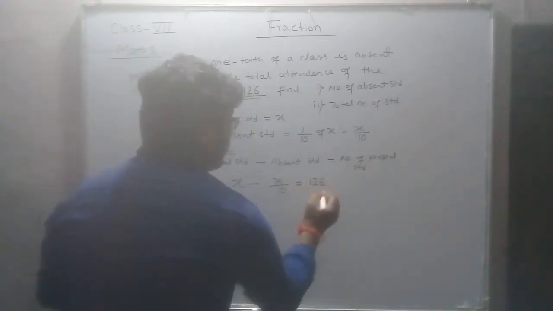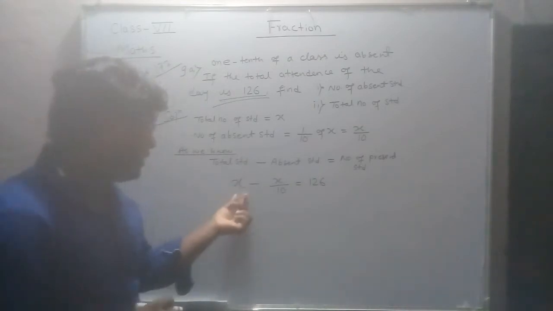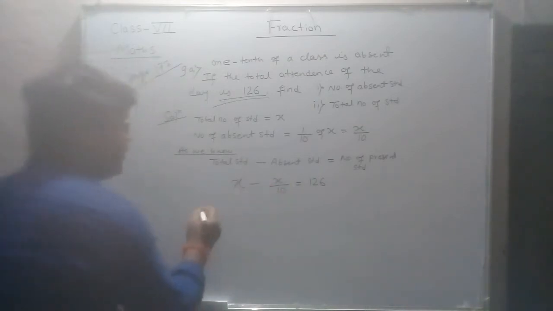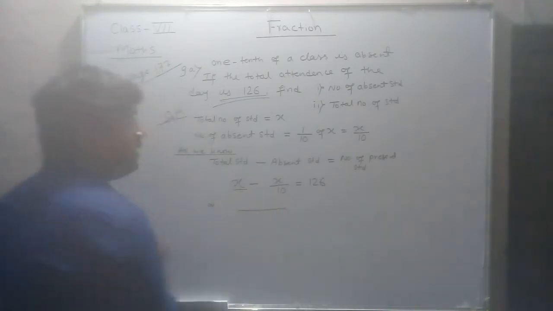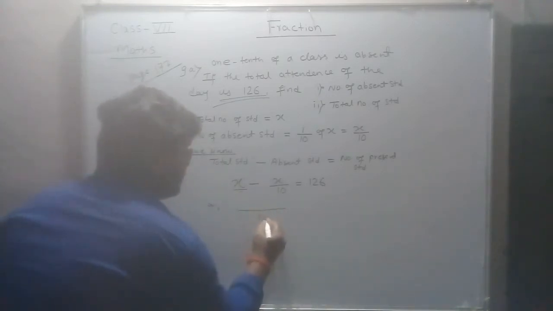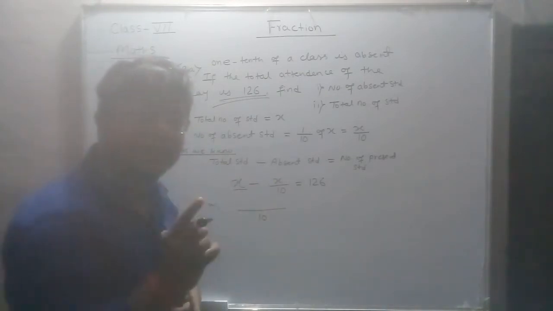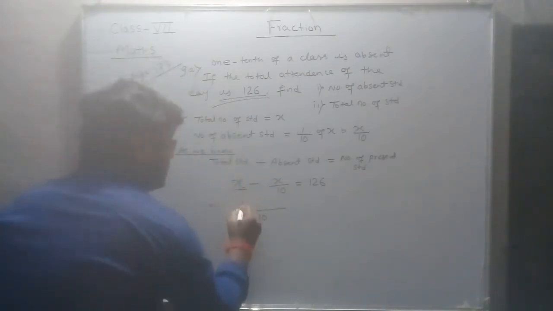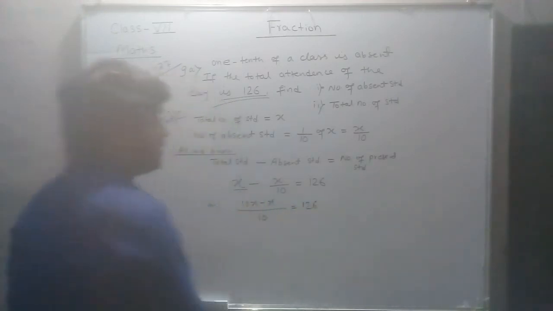Okay, so this you can solve by the LCM method also. You can take the LCM. Here x means x upon 1, so the LCM of 1 and 10 is 10. Dividing 10 by 1 you get 10, which is multiplied with the numerator, so 10x minus x is equal to 126.